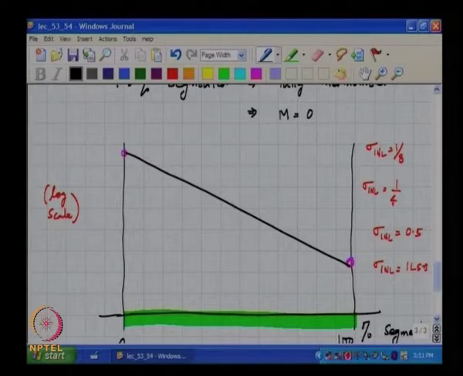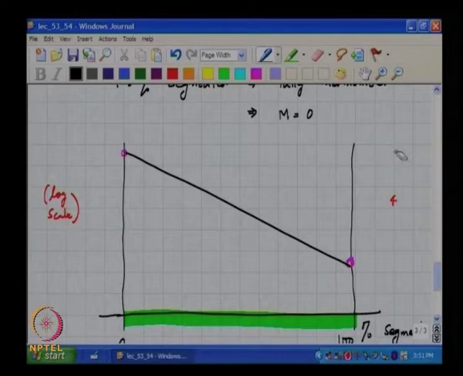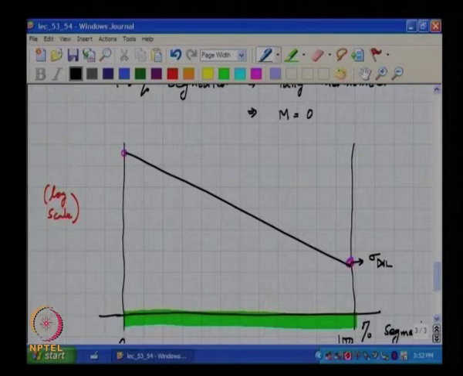Does it make sense? So, this is the area required for a given sigma DNL. You understand?